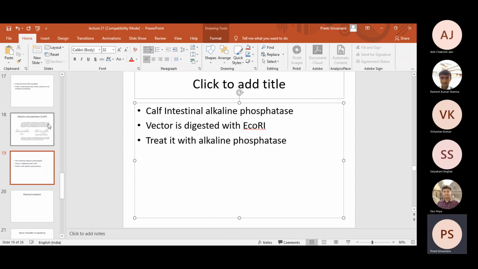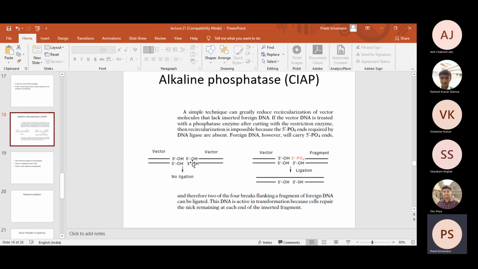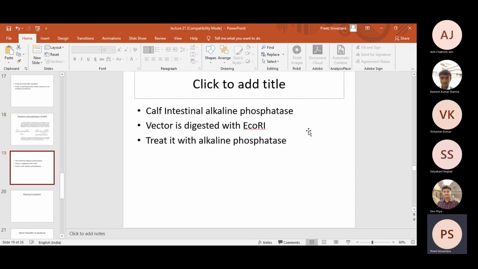So what it does is that it will remove the phosphate groups. Once it removes the phosphate groups, you have hydroxyl groups at both the ends, at the 5' end and at the 3' end. So therefore because you do not have a phosphate group, phosphodiester bond cannot be formed between the two ends of the vector, and therefore the vector cannot be self-ligated.